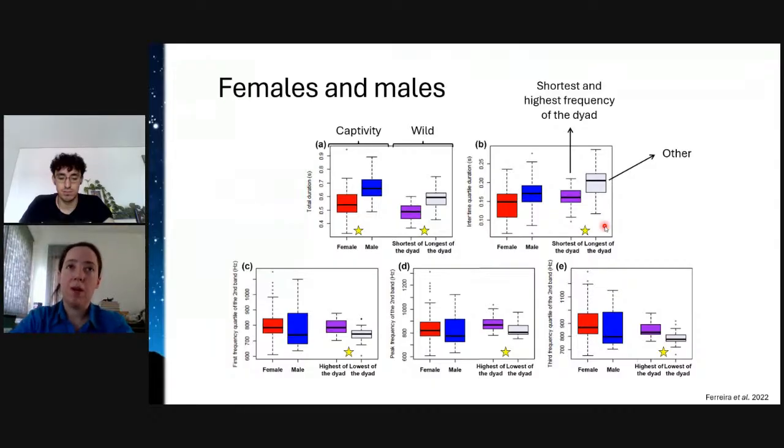And that was really nice to find, because it probably indicates that this is a vocalization mostly used between breeding pairs, because they form stable monogamous pairs. They are not together, but they are often in contact with each other, so it's a kind of long distance relationship.